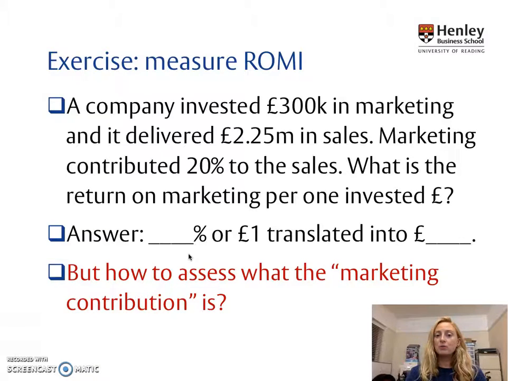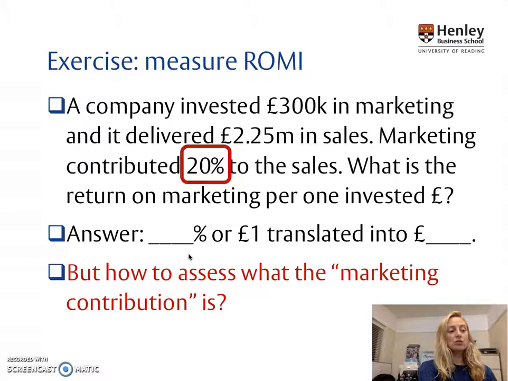Marketing contributed 20% to the sales. What is the return on marketing per one invested pound? In this exercise, it's quite easy to calculate because it told you what the marketing contribution was.